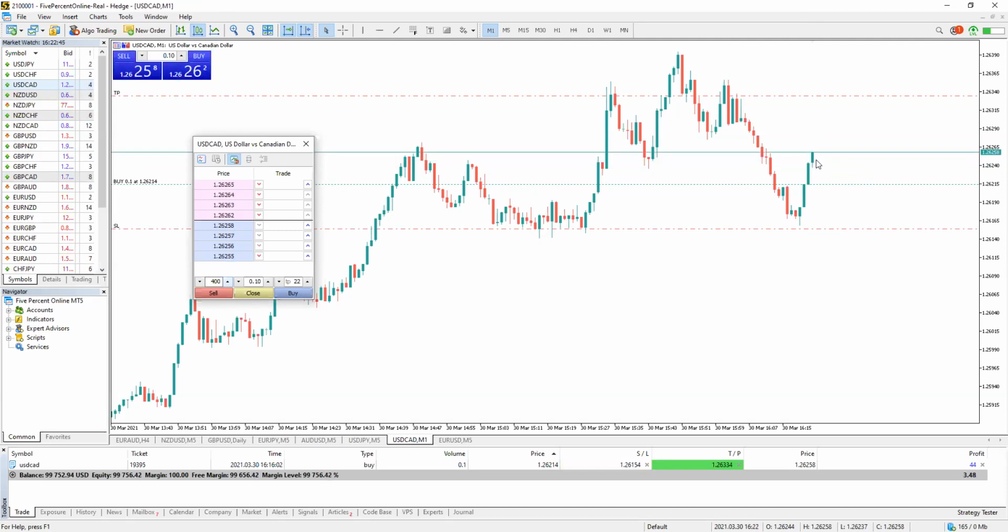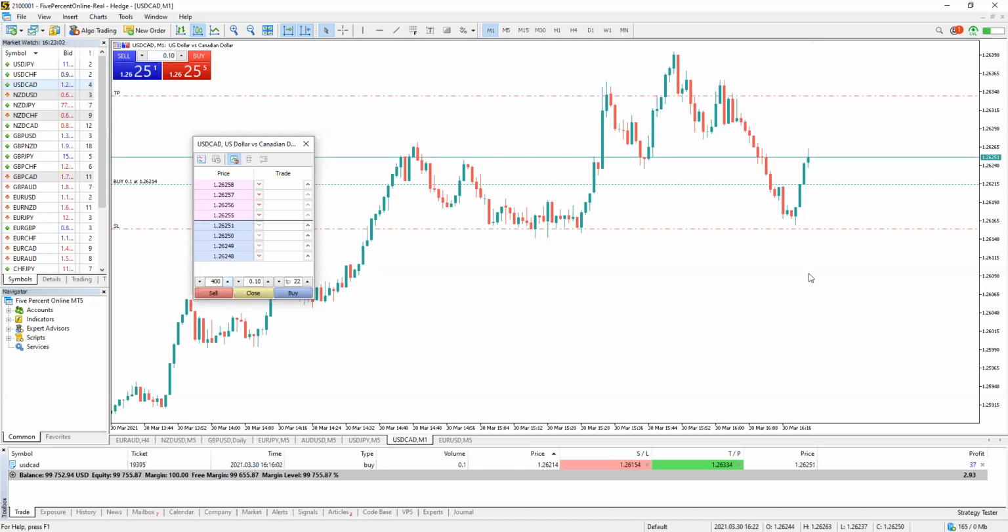Okay, yeah, I like how it's gaining momentum. You see how small these bars to the downside are, and how these up bars are forming quite larger and larger. I want this to continue to the upside.